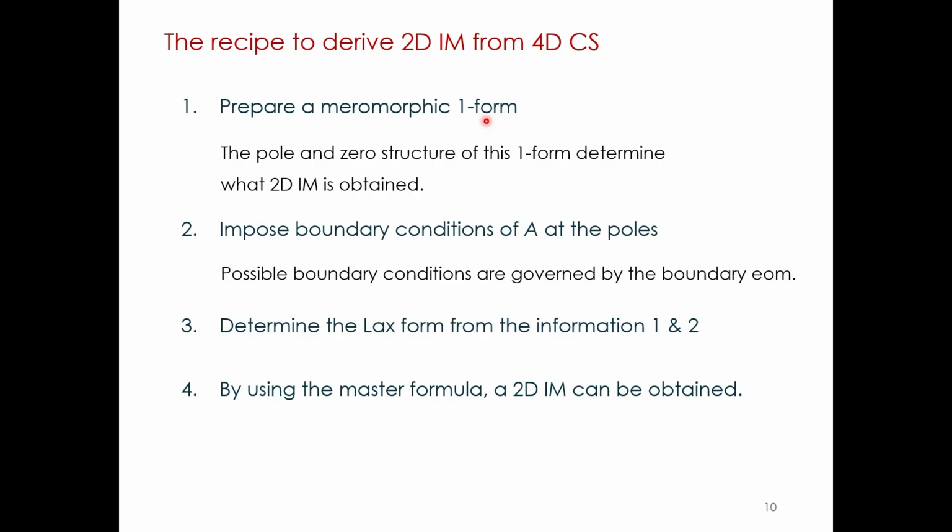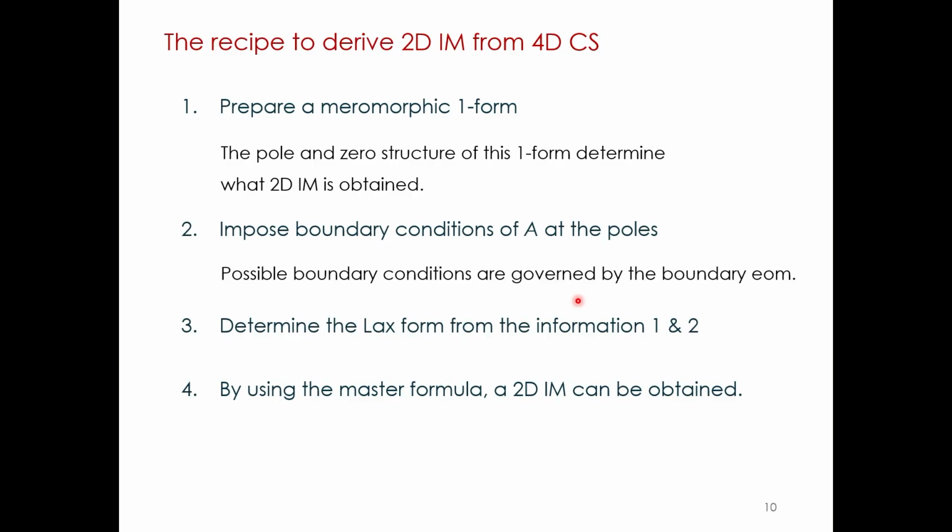Then we need to impose boundary conditions of the gauge field A at the poles of the meromorphic function. Possible boundary conditions are governed by the boundary EOM, and there are some choices for boundary conditions. With simple boundary conditions, we can get the principal chiral models.